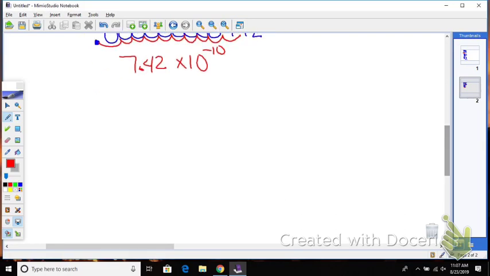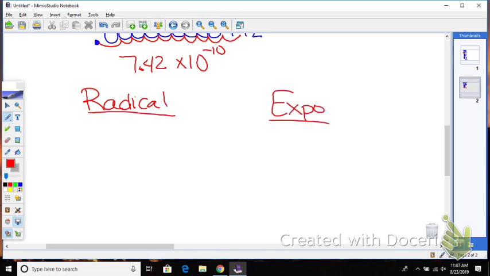Okay, the second part of our lesson today, which kind of goes into Monday's lesson, is talking about radicals. We're not even going to simplify radicals today. We're just going to write between radical form and exponential form. If you had me last year, you will remember the tree that I drew on the board?